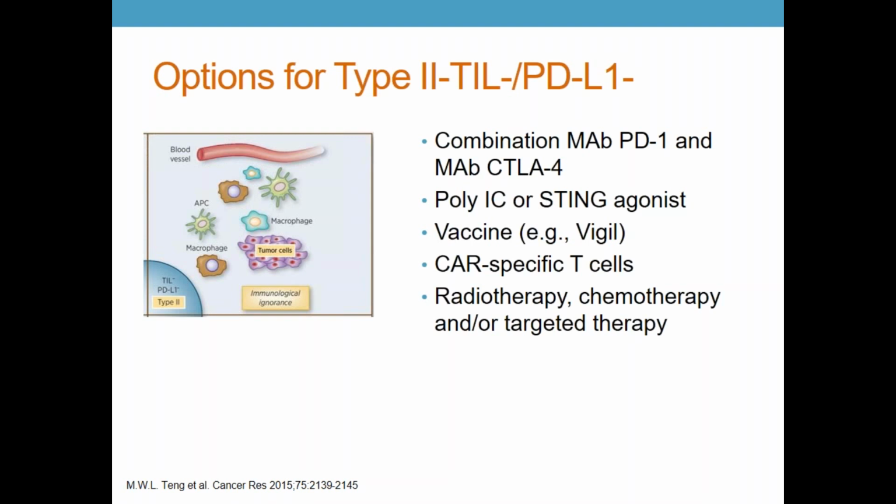And this is also a situation where you might be able to use radiation, chemotherapy and/or targeted therapy, which by having effects on the tumor cells may be able to make them more immunogenic, in the sense of being recognized by the immune system. Let's move on to the type 3 situation.